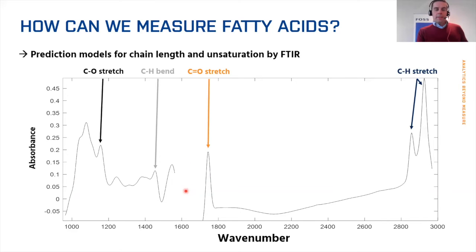In terms of the fatty acids, what we can see from these molecular structures that I showed before are the CH chains to the very right, then the CO stretch here, the orange one, the CH band, the double bonds basically, and the CO stretches. These different structures appear in the spectra as such. And what we can do then is predict the chain length and the degree of unsaturation. More about that in a moment.